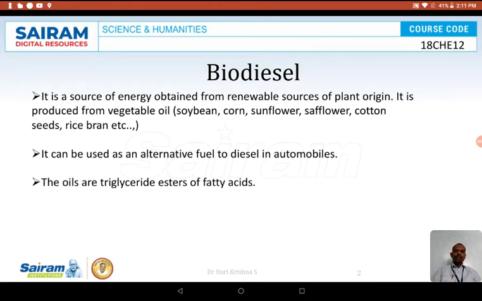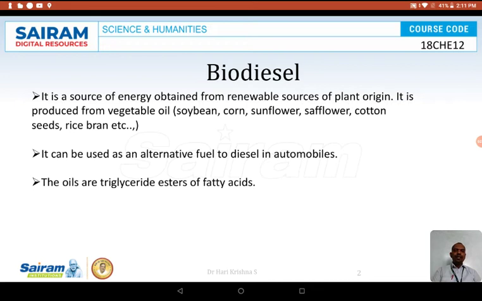and catalyst. Triglycerides are present not only in these vegetable oils, whether corn, sunflower, cotton seeds, rice bran or any seed oil, but also in animal fat. These plant origin oils and animal fat which contain triglyceride will be converted into biodiesel by transesterification in the presence of an alcohol, an alkali and a catalyst.